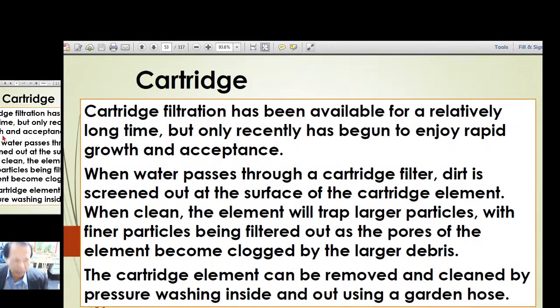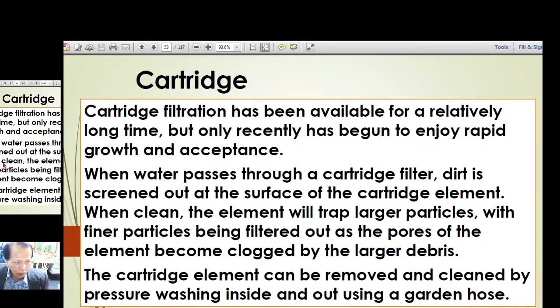The cartridge type. Cartridge filtration has been available for a relatively long time, but only recently has begun to enjoy rapid growth and acceptance. When water passes through a cartridge filter, dirt is screened out of the surface of the cartridge element.